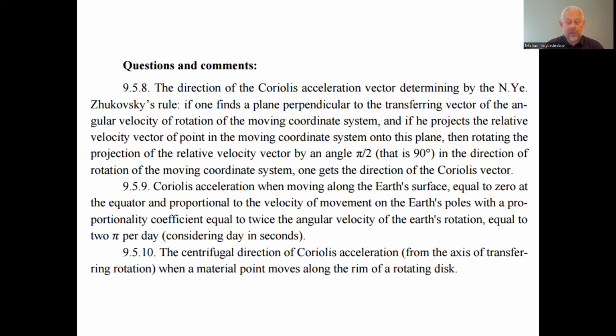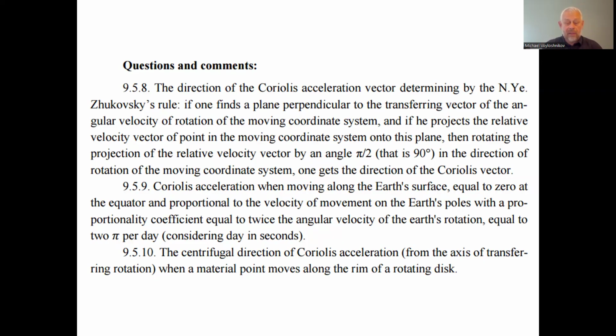959. Coriolis acceleration when moving along the Earth's surface is equal to 0 at the equator, and is proportional to the velocity of movement toward the Earth's poles, with a proportionality coefficient equal to twice the angular velocity of the Earth's rotation, which is 2 pi per day, considering the day in seconds.